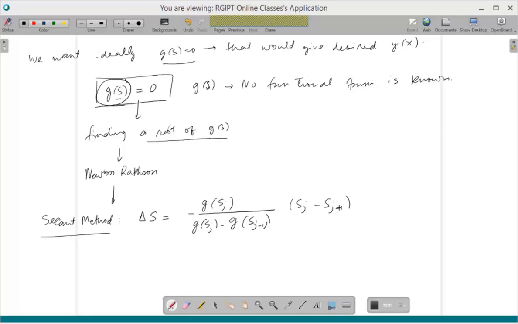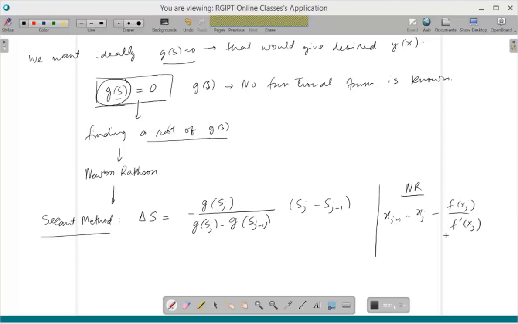If you recall Newton-Raphson, if you knew the function, what was delta s given by? I'll just write this as xj plus 1 equals xj minus f of xj divided by f prime of xj, right?